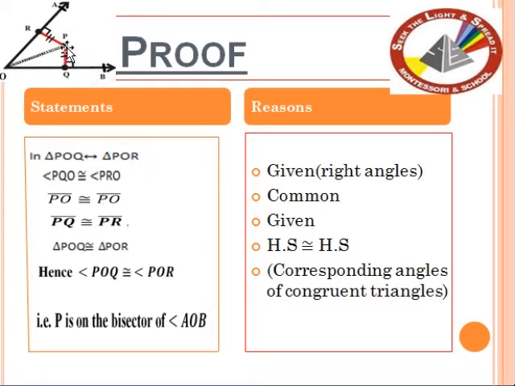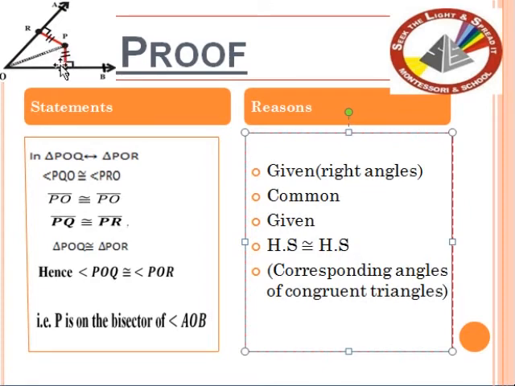Again, we will see this side. This side was given in our statement that P is at the same distance from OB and P is at the same distance from OA. So we will say that this line segment PQ is equal to line segment PR, and we came to know this from our given. So we can see that triangle POQ is congruent to triangle POR, and the postulate we have used here is hypotenuse and side congruent to hypotenuse and side.